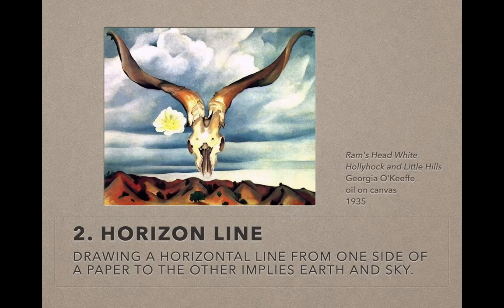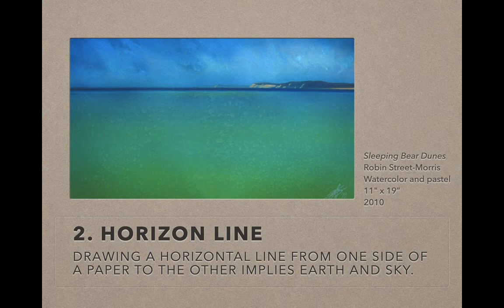If you place that horizon line high within your composition, within the rectangle, it will make the viewer feel as if they have a bird's eye view, like they're flying up above the scene. And if you place that horizon line low, it can give the viewer the feeling of having what's usually known as a worm's eye view, but what we might call in Michigan a swimmer's eye view, where your head is very close to the horizon.